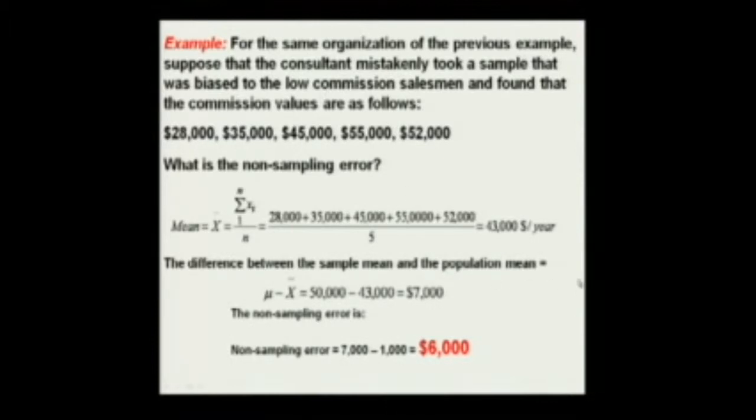This is very important, and it's always a good thing to do before you start sampling to be aware of the possibility of sampling error and non-sampling error. And the awareness here means don't make gross mistakes. Make sure that the sample is representative of the population.